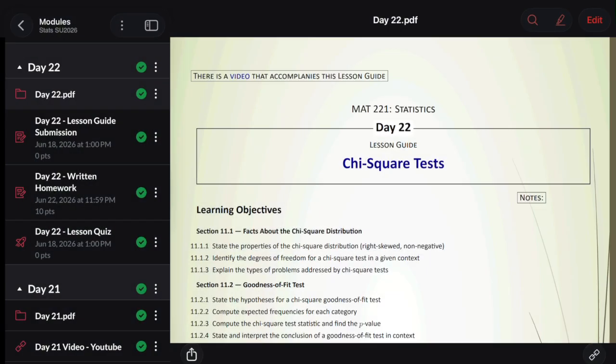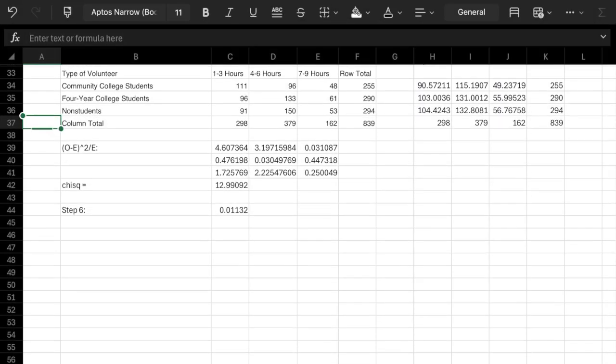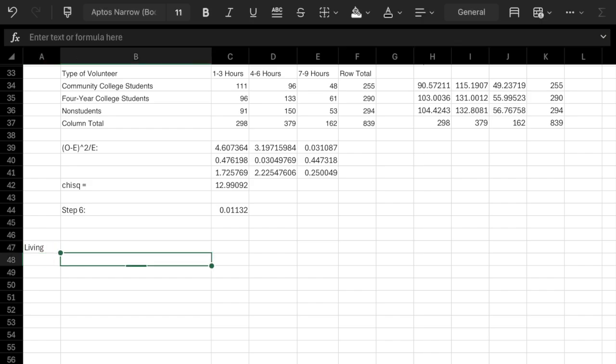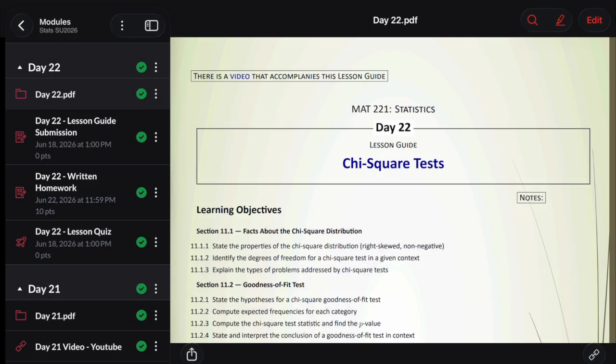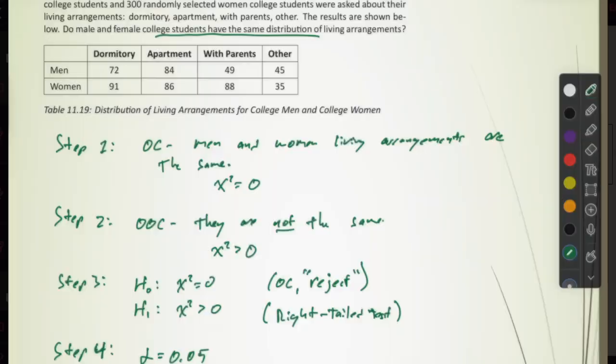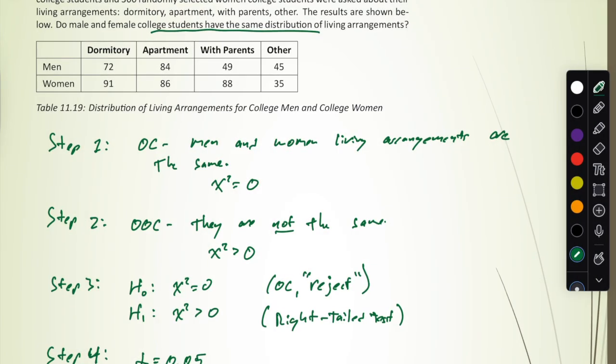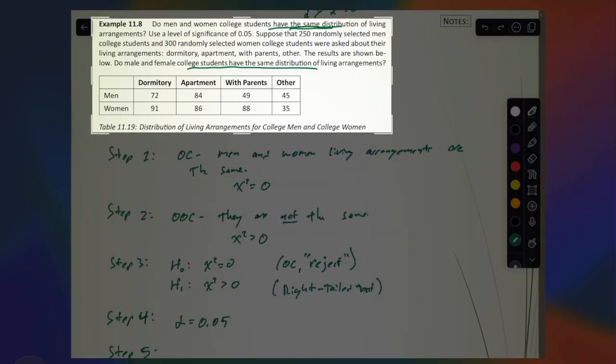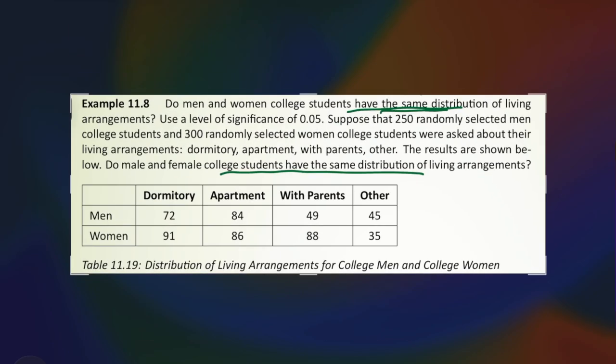Copy, go to, not Canvas, but Excel. Come down here, call this living. All right, let's paste. Oh, no, won't do. Let's go back to Notability, and let's screenshot. Let's grab this right here.